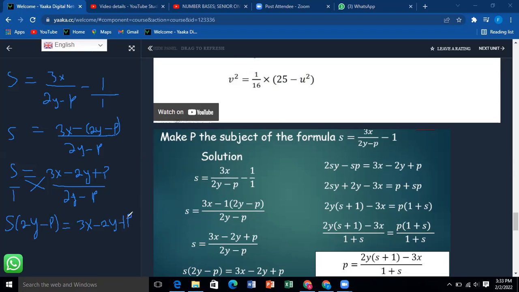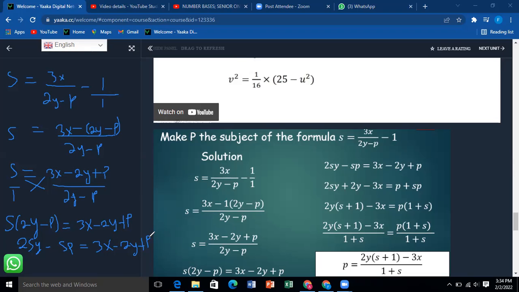plus p. So we open brackets on the left hand side. So S times 2y would be 2sy minus sp, and this is equal to 3x minus 2y plus p. Then we can collect the terms in p on one side and the terms not in p on the other side.